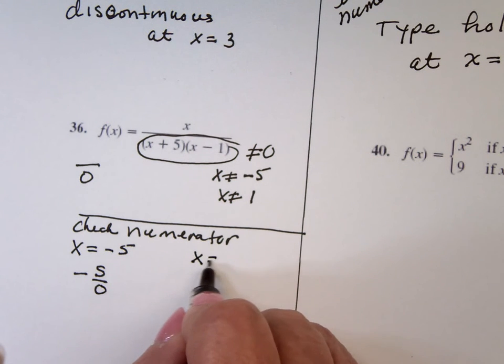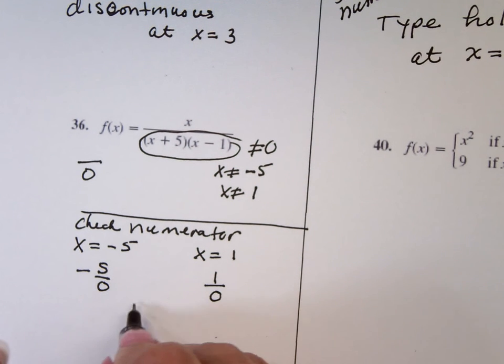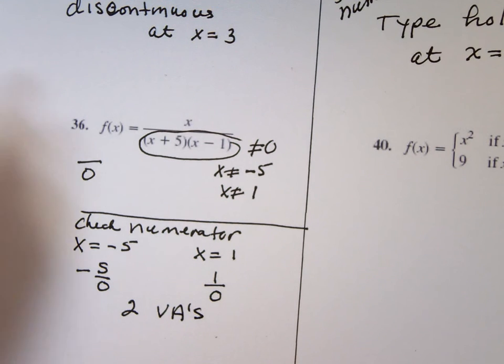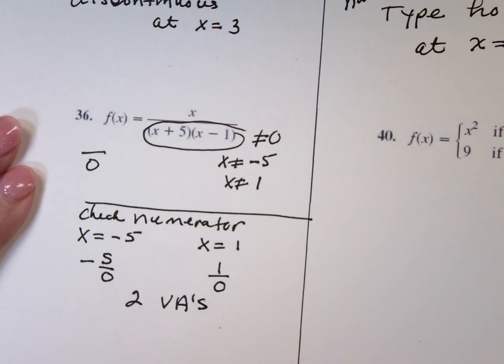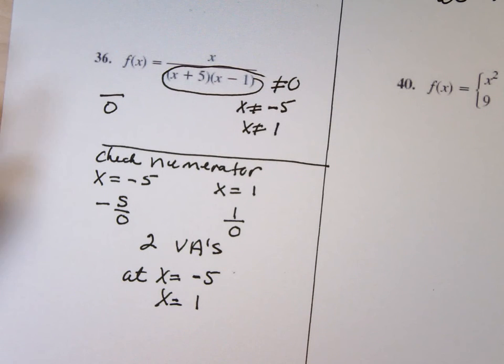And if x equals 1, I get 1 divided by 0. What do I have? I have 2 VAs. At x equal negative 5, x equal 1, that's where it's discontinuous. Got 2 VAs.